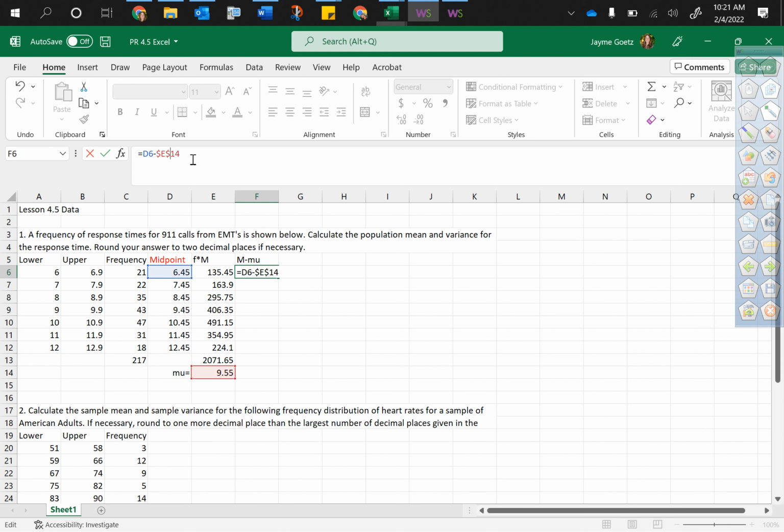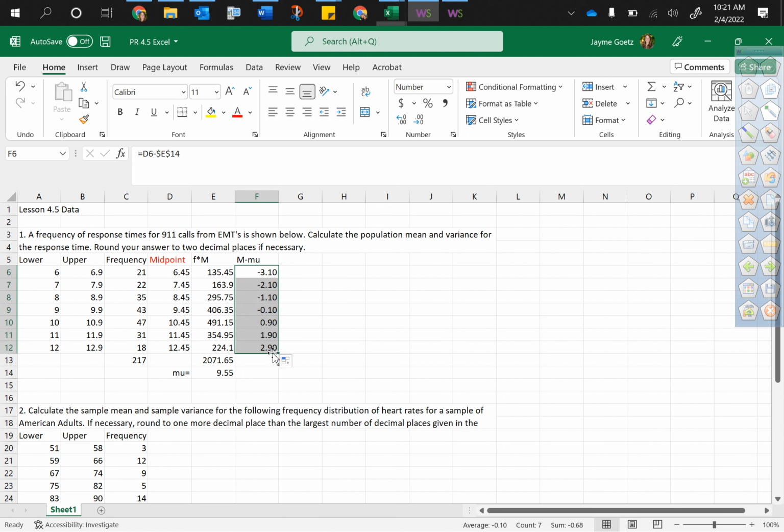So I want dollar signs. Then you can just click and drag it down. So here's what you're doing. You're finding the deviation from your midpoint to the mean. You're saying how far away is my midpoint from the mean, right?